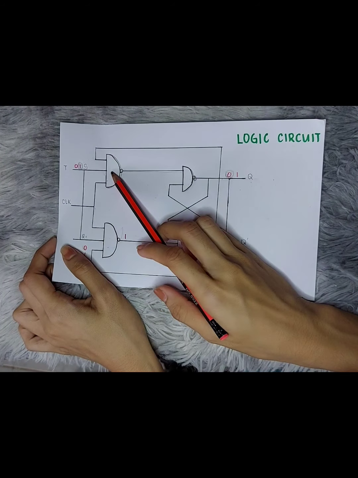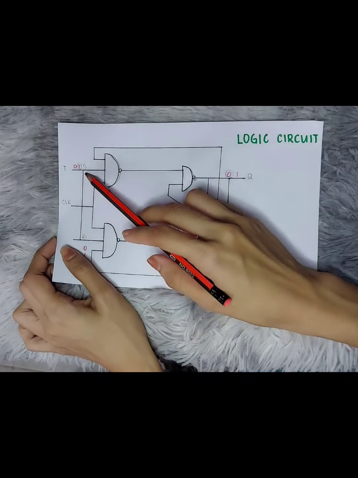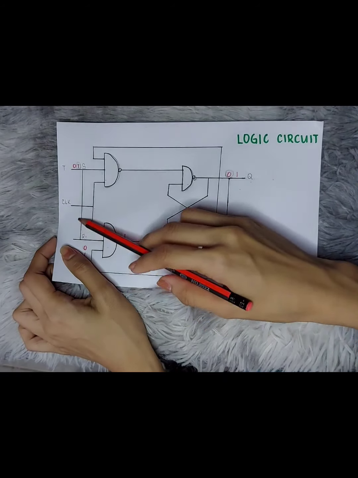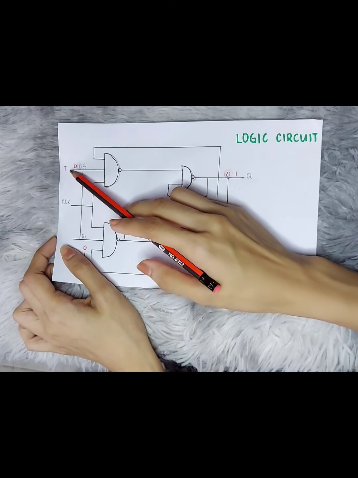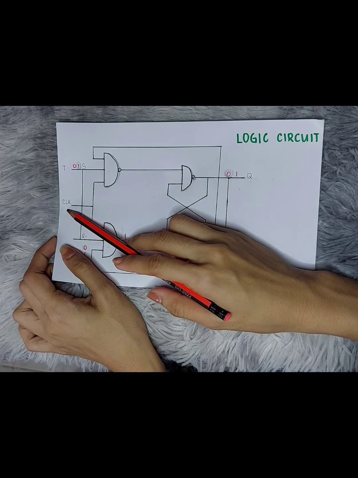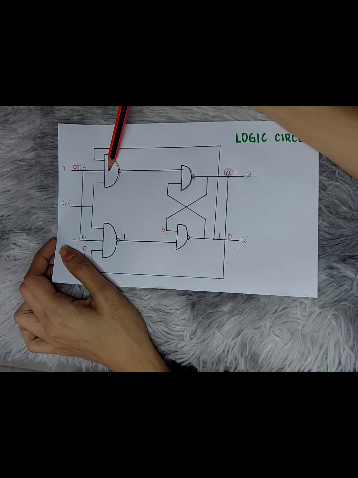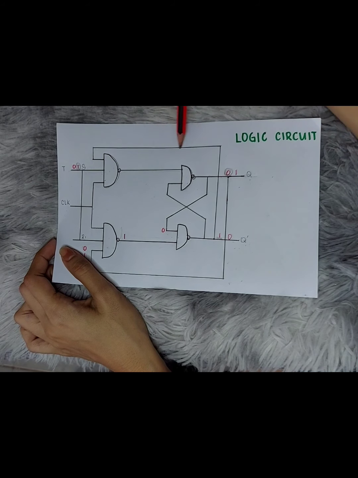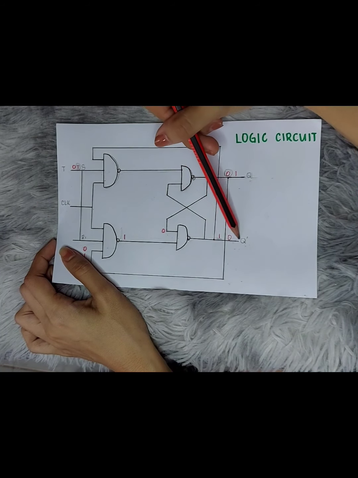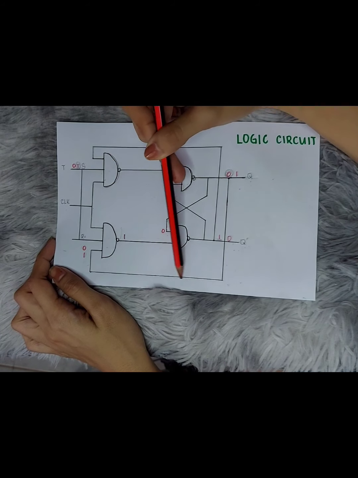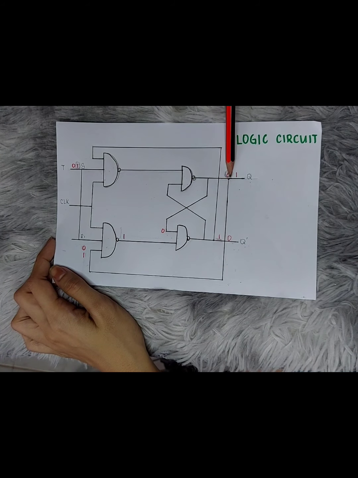One input of the upper 3-input NAND gate is given by the trigger input T and the common clock signal input CLK. The other input is from the Q prime, and the lower NAND gate uses Q as another input.